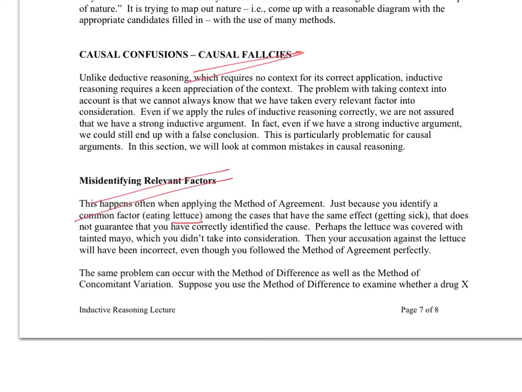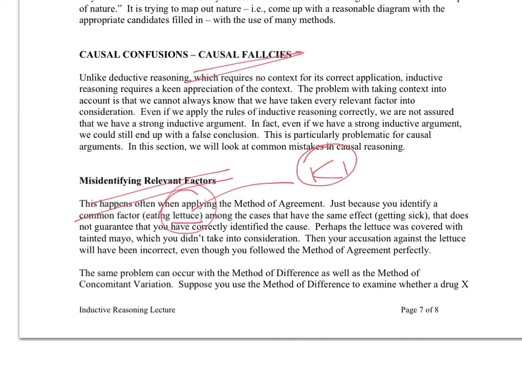So, for example, maybe the lettuce was also put on the sandwiches with something like ketchup. I'm just saying for the sake of illustration. Maybe you didn't write down in your data notebook that ketchup was also a common thing that was consumed along with the lettuce.